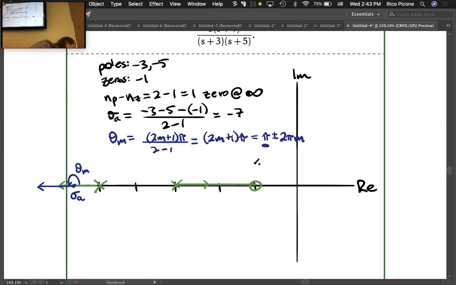And in fact, let's sit here and interpret this for just a moment. We've got a controller that's just a gain, right? If we set that gain to 0, our closed loop poles are at the open loop poles.